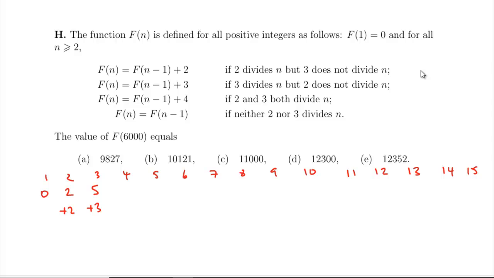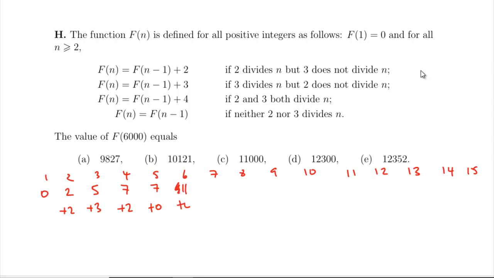So for 4, we're back on the first one, so we're going to 7. For 5, it's neither 2 nor 3 divisible, so it's the previous number, a +0. Then 6 is divisible by both 2 and 3, so we do the previous one +4.